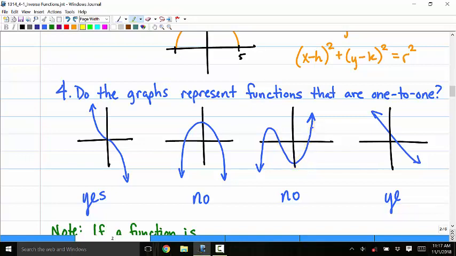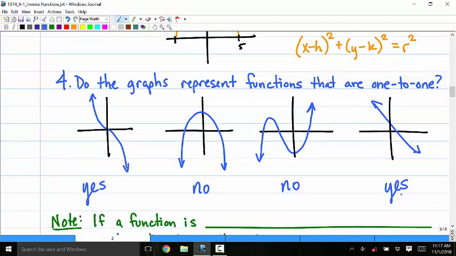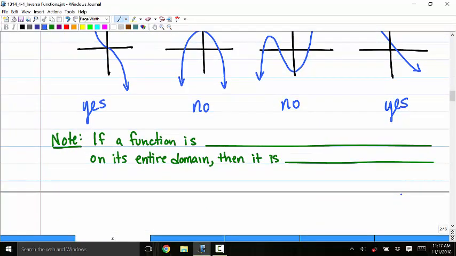No. So that next green thing says if the function is either always increasing or always decreasing over its entire domain, then it is one-to-one.